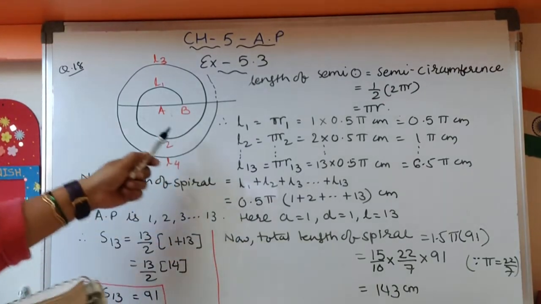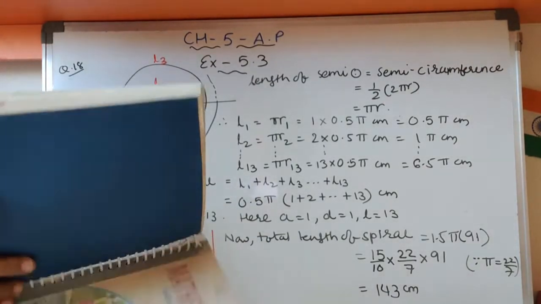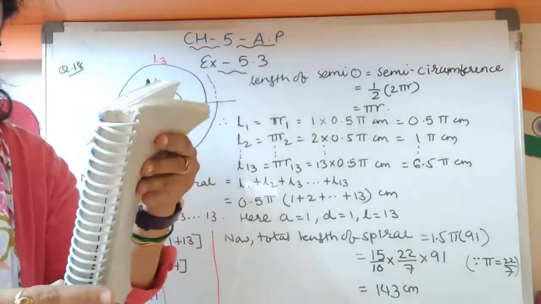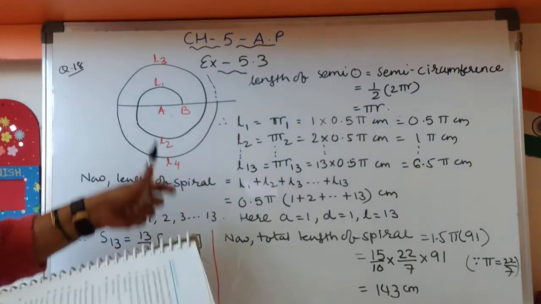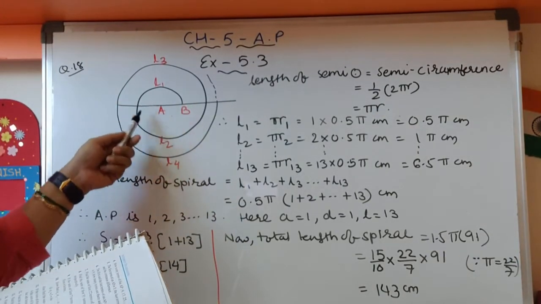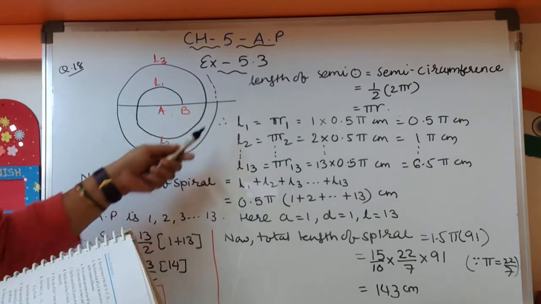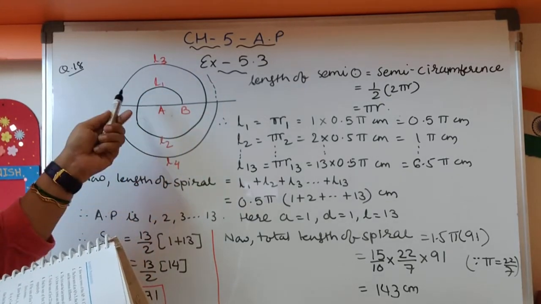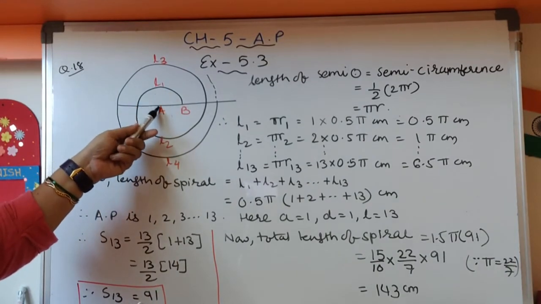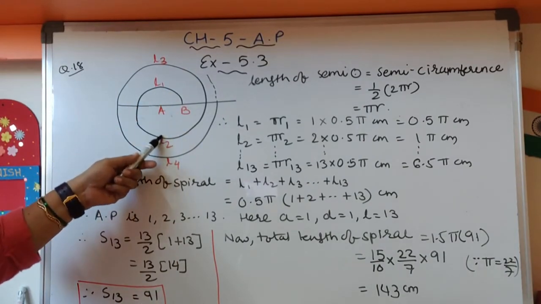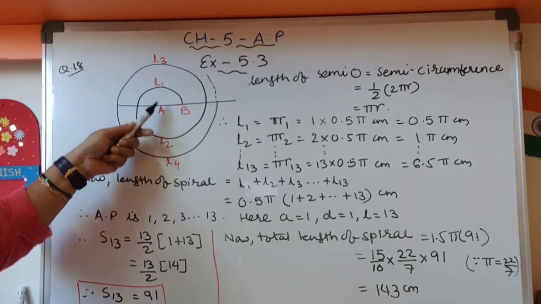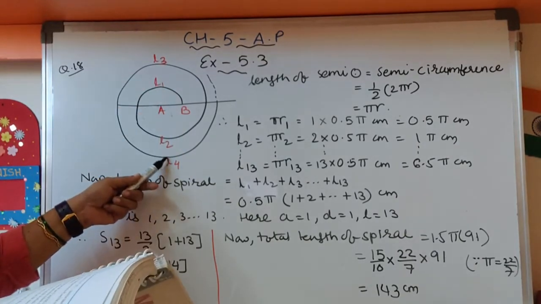If you see the figure, here the spiral binding has the same radius. Okay, but in that question 18, the spiral binding has radii of a different size. Okay, it increases: for the first one it is 0.5, for the second one it is 1, for the third one the radius is 1.5, and the fourth one it is 2.